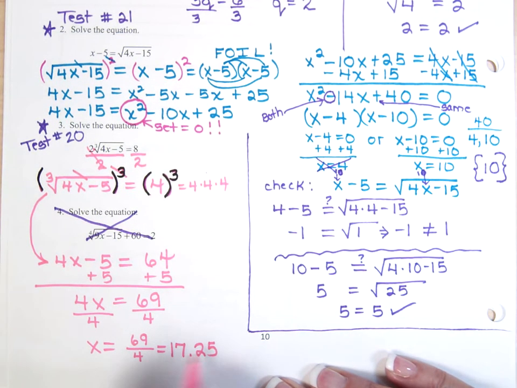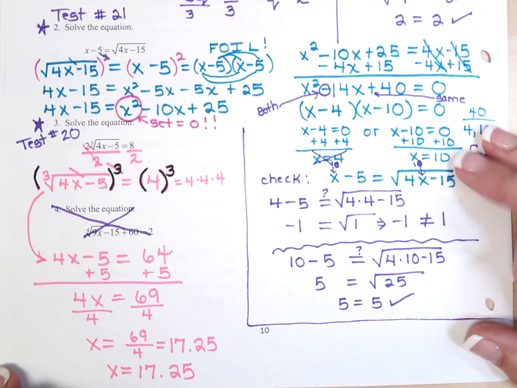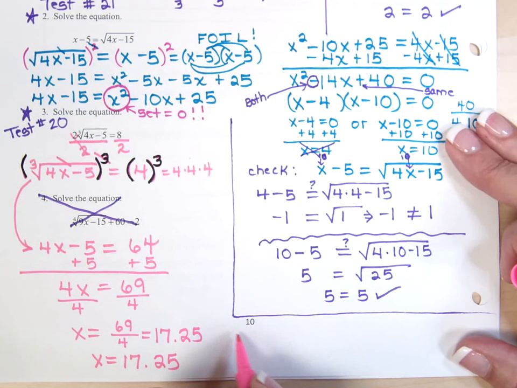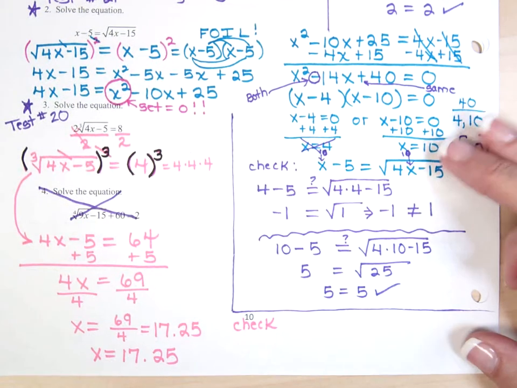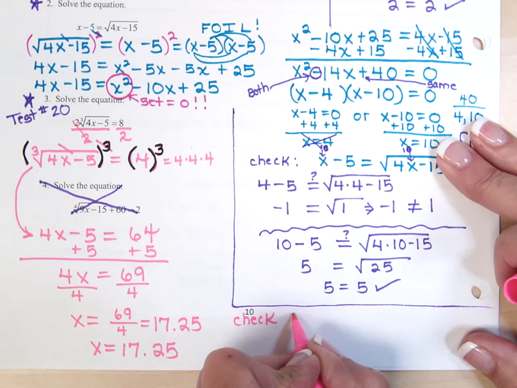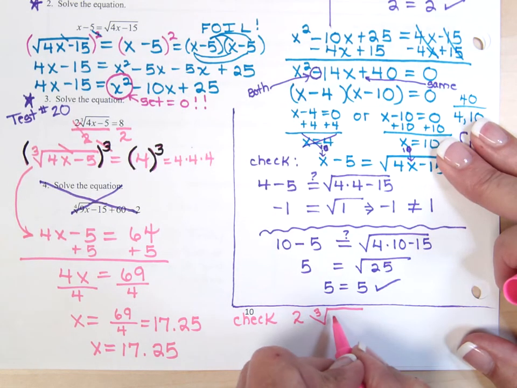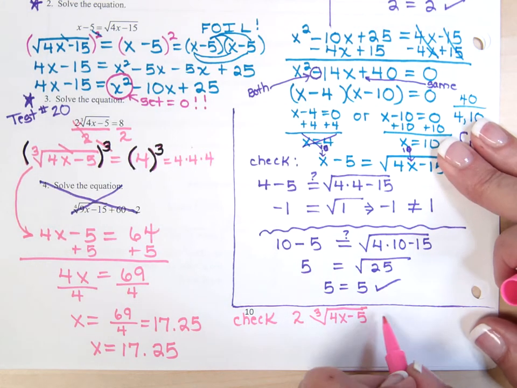Remember, on cubes, you don't necessarily have to check them, but since we're just new with the whole checking thing, I think it would be a really good idea to check. So, over here, let's write our check. And this one we're going to mostly do on our calculator. So go to the original problem, 2 cube root of 4x minus 5 equals 8.